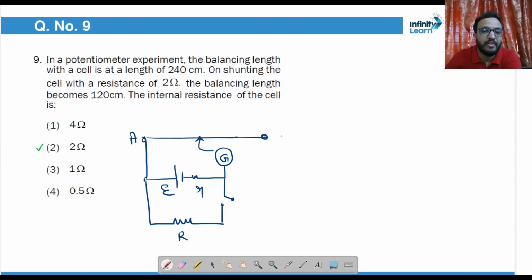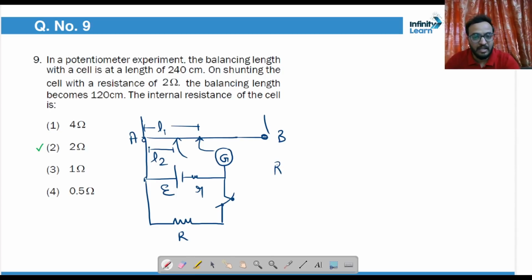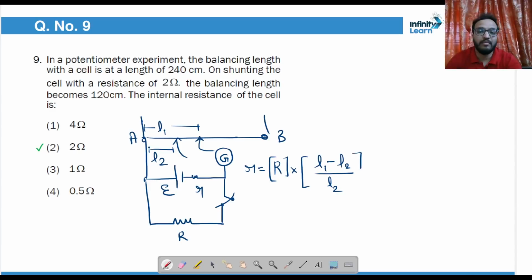This is a potentiometer wire. Now there will be two lengths, L1 and L2. When switch S is open, the length is L1. When the switch is closed, the length will be L2, which is less than that. So we say that small r is equal to capital R into L1 minus L2 upon L2.